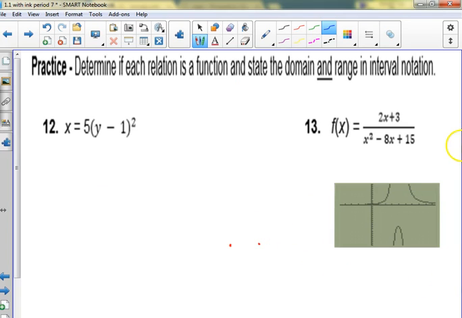All right. So the issue with this one is really only the domain. I am not going to ask you for the range on a rational function like this, okay? When you go to graph it, we will eventually do days on rational functions.